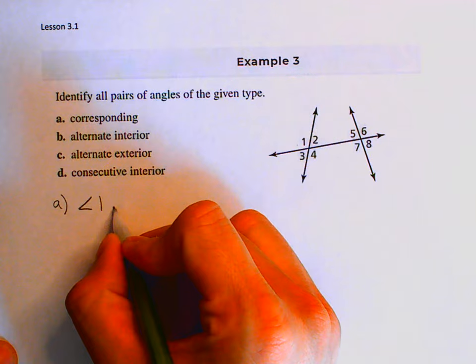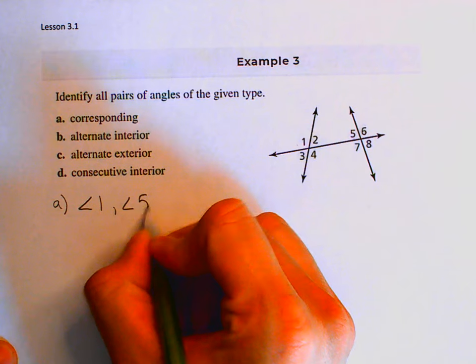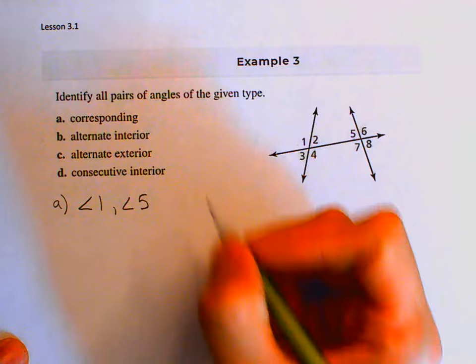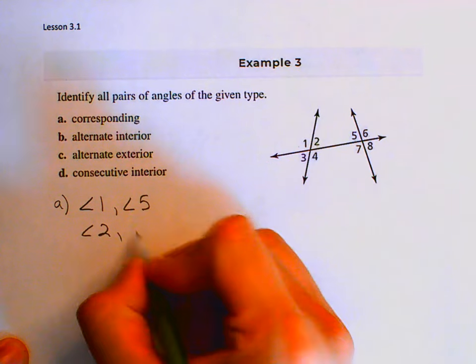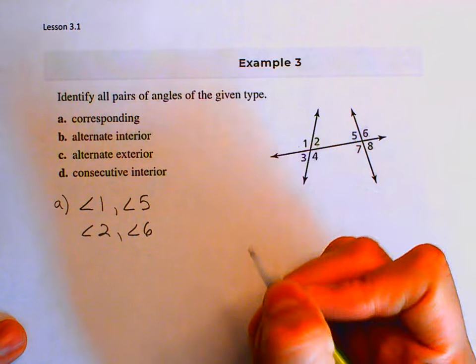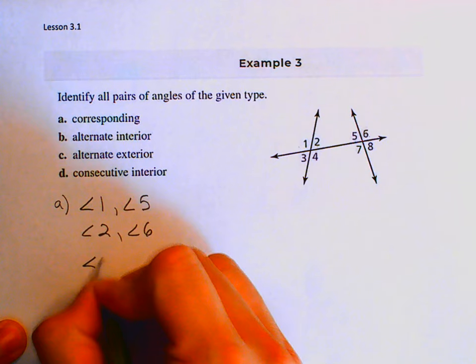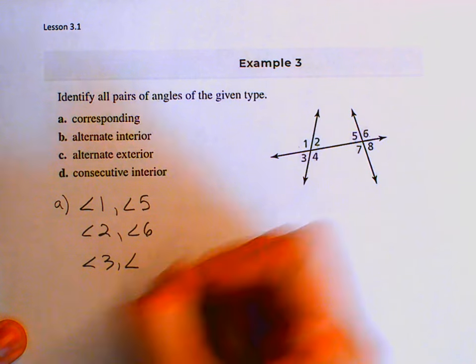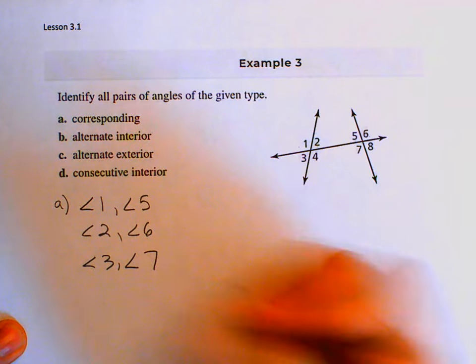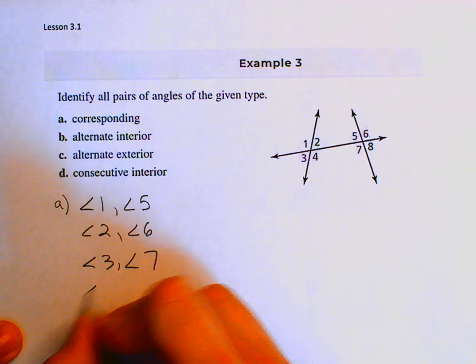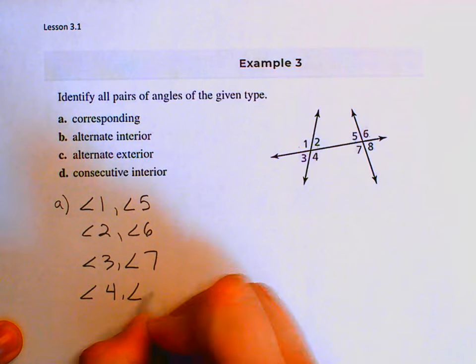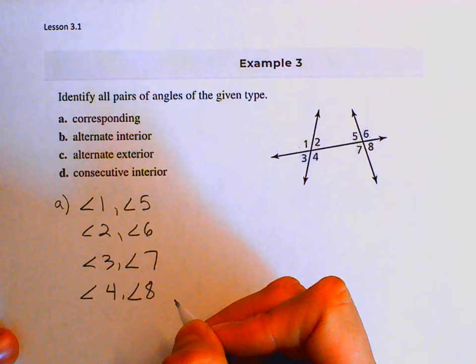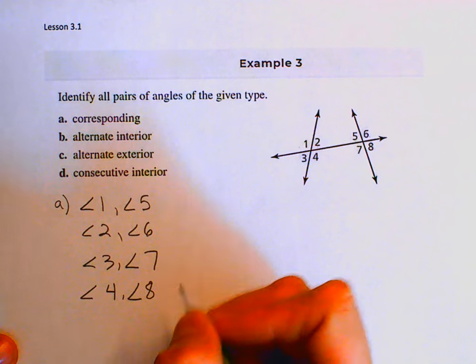So angle 1 and angle 5. Angle 2 is going to correspond with angle 6. Angle 3 is going to correspond to angle 7. Angle 4 is going to correspond to angle 8. Now those are all the corresponding angles.